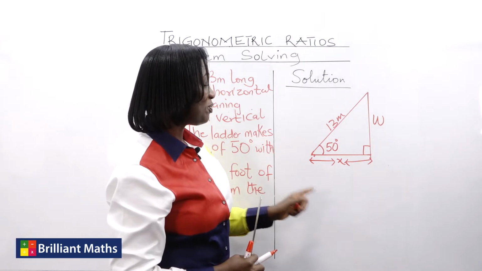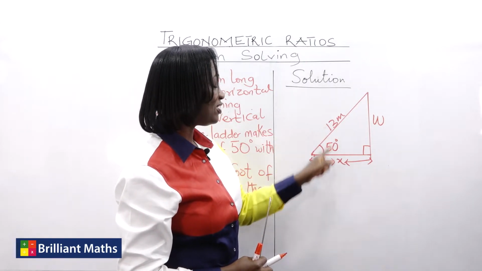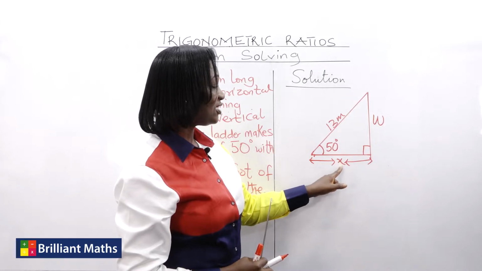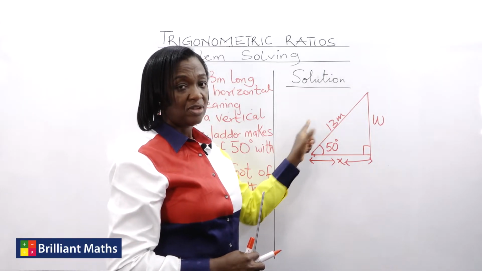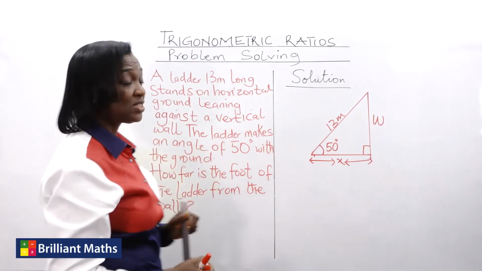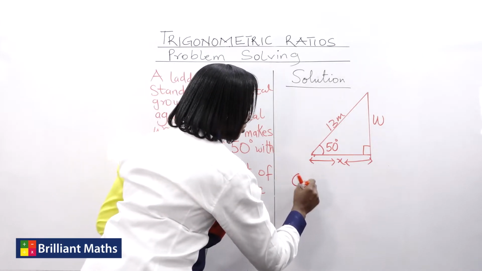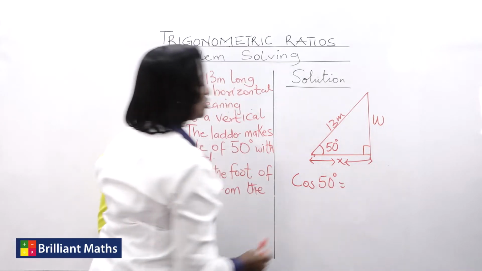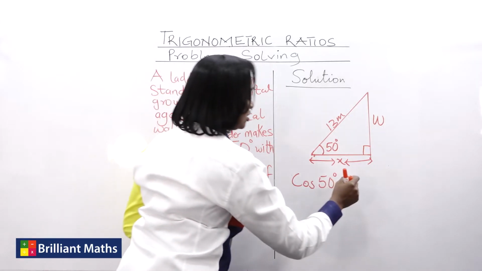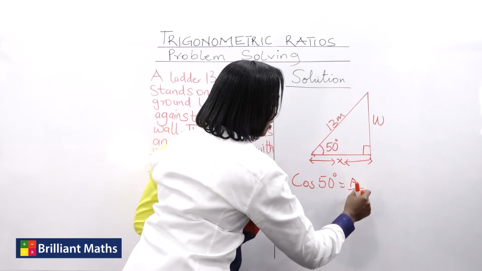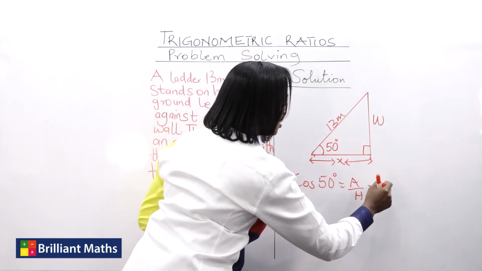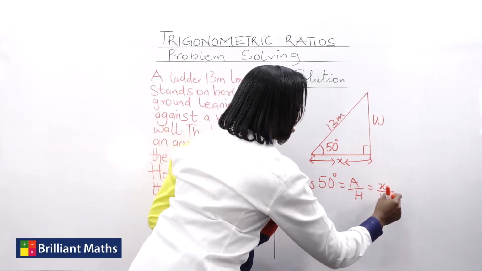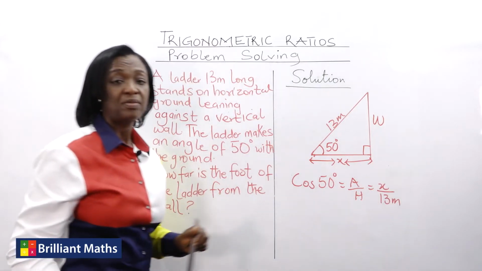So the relationship between the angle and the sides given is adjacent over hypotenuse. So that means we are using the cos ratio. So cos 50 degrees is equal to adjacent over hypotenuse, which will give us x over 13 meters.